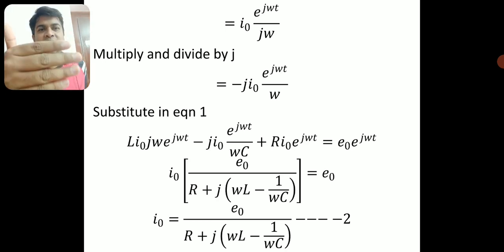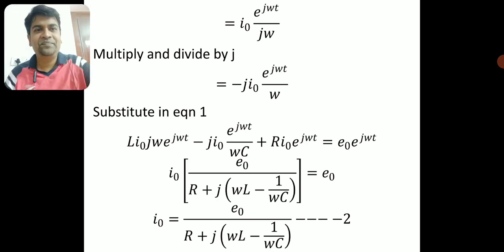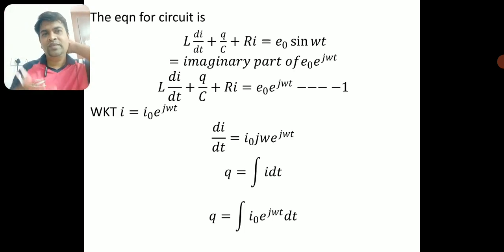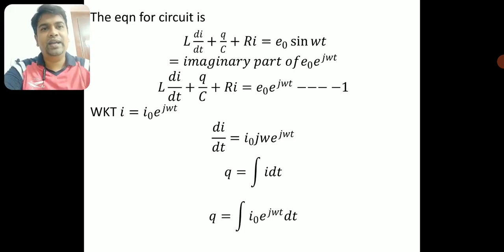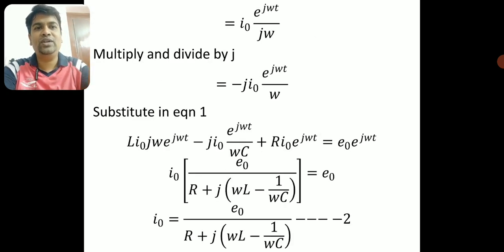Now I am substituting this in the main equation 1. What am I going to substitute? I am going to substitute di by dt and I am going to substitute q in equation 1. Look at equation 1. Equation 1 is L into di by dt. L into di by dt is I naught j omega e to the power of j omega t.